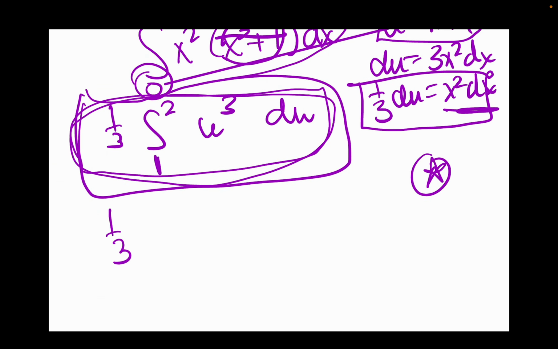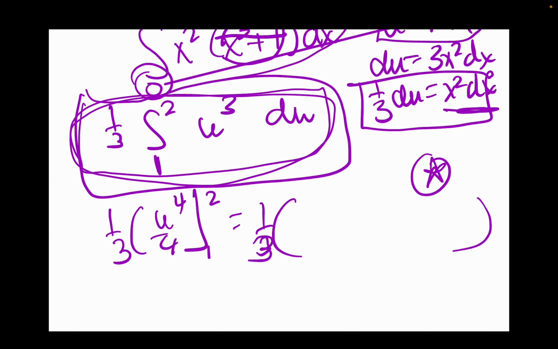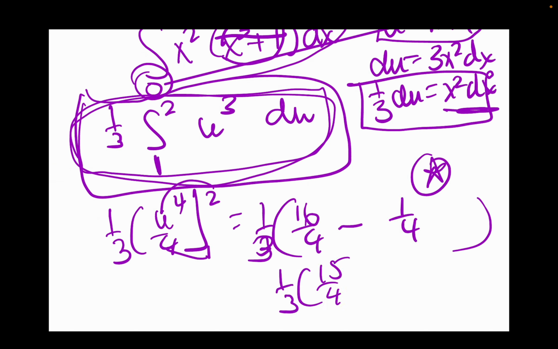So it gives me 1/3. That gives me u to the 4th over 4 from 1 to 2. Remember, the 1/3 applies to the whole process. So I get 2 to the 4th over 4 minus 1 to the 4th over 4. So I get 1/3 times 15/4.